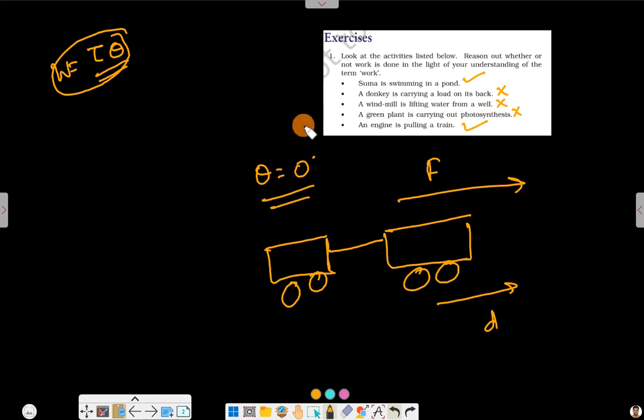But internally, photosynthesis is an internal process, and during chemical reactions, displacements of ions happen. There is transformation of energy from sunlight to chemical energy. So work done is going on. So it depends upon how you look at a certain thing, and your answer can vary depending upon that.